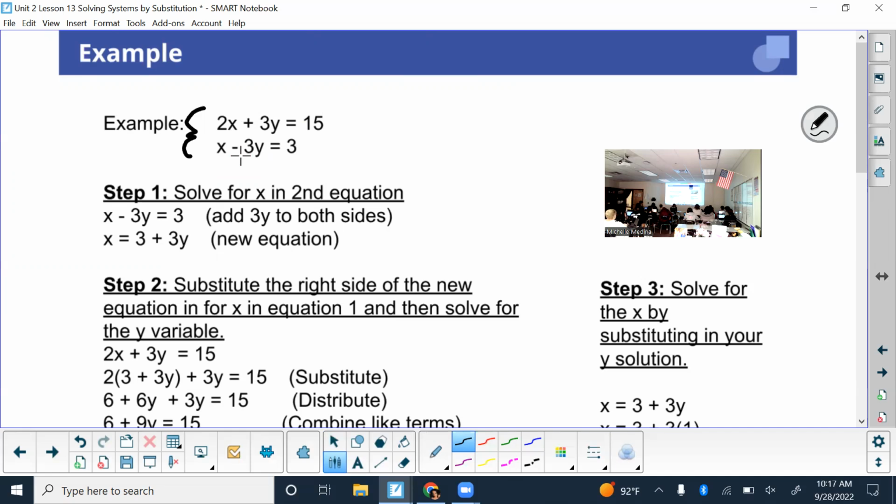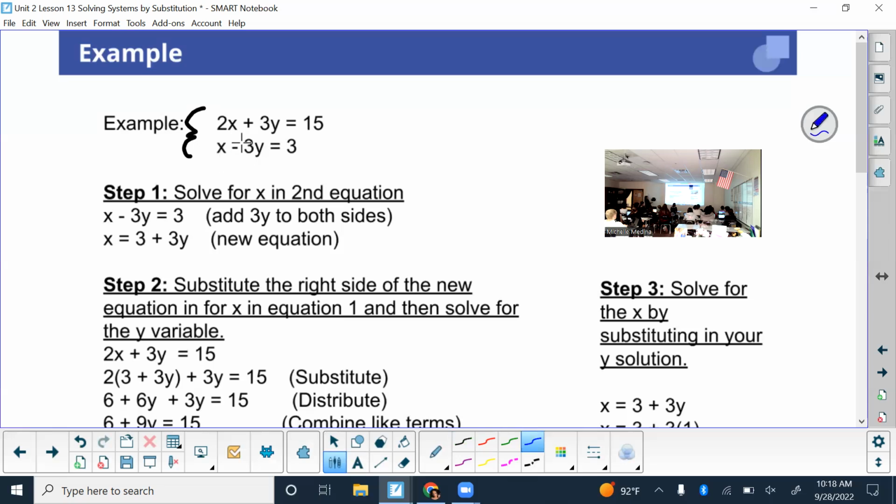Do you think in the top equation it would be easier to isolate the x or y? Do you think in the bottom equation it would be easier to isolate the x? All right, and why the bottom one? The x is already mostly by itself.